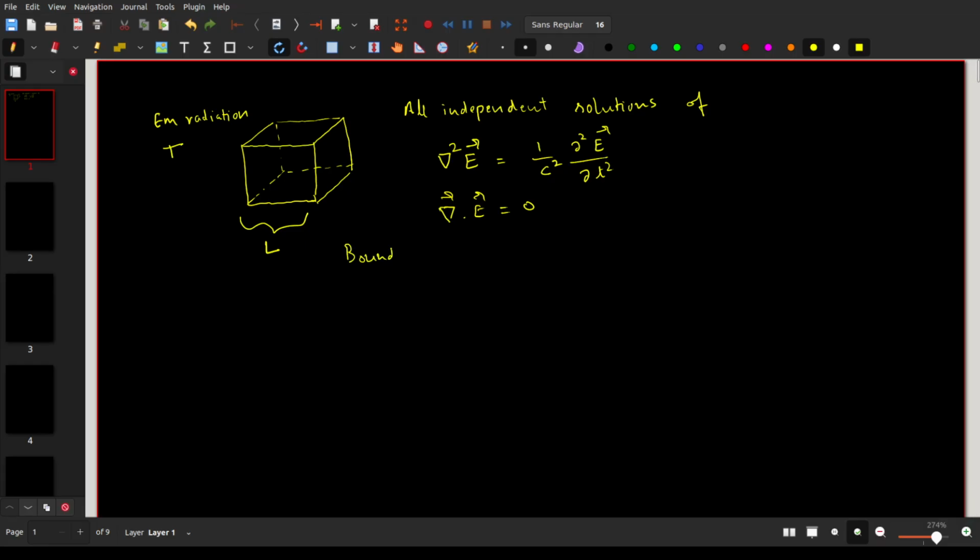The boundary conditions that we want to satisfy are that E, that is the electric field, either vanishes on the walls, or the electric field must be perpendicular to the walls.